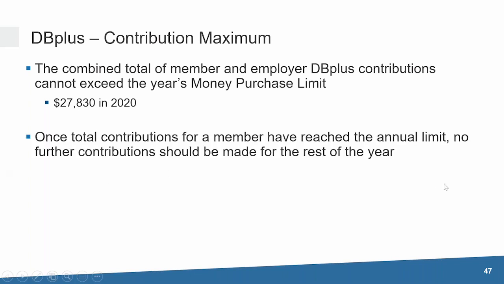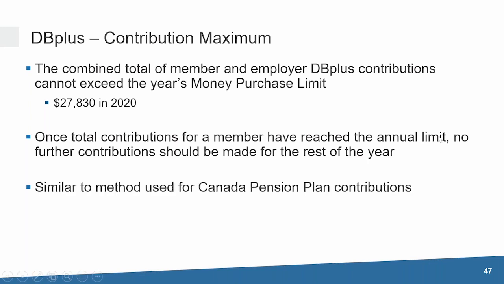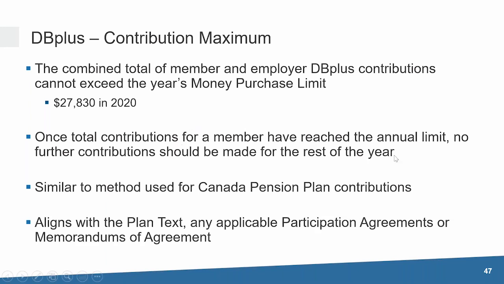Once total contributions for a member have reached the annual limit, no further contributions should be made for the rest of the year. This is similar to the method used for Canada Pension Plan contributions. This aligns with the plan text, any applicable participation agreements, or memorandums of agreement.